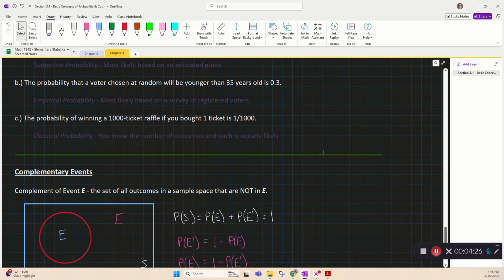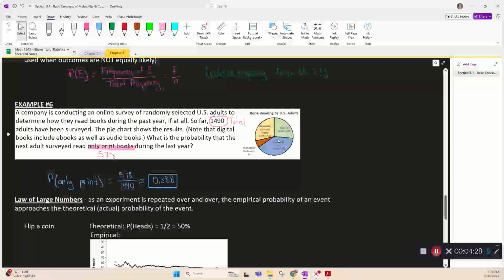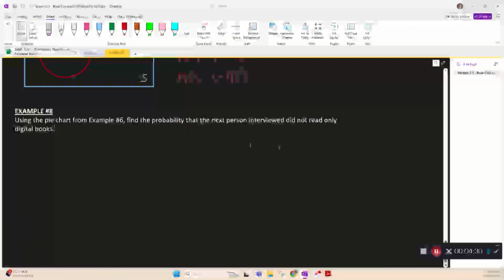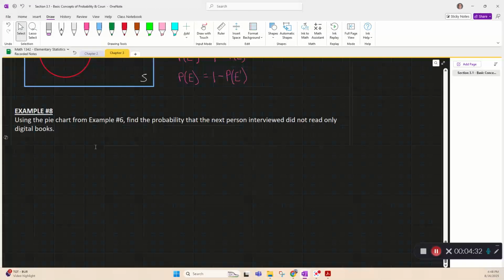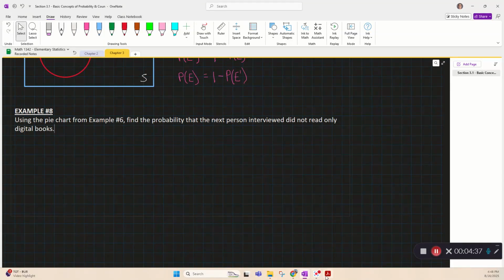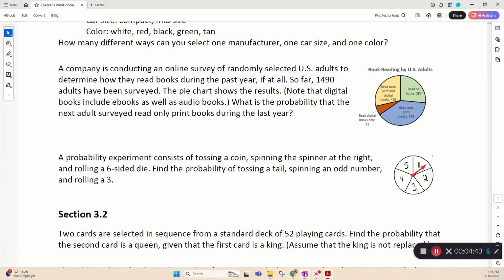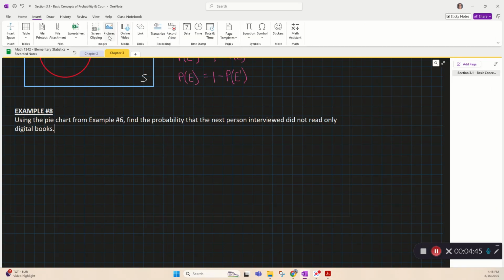Okay, so what I'm going to do is paste in a picture of the pie chart. So let me go grab that right quick. Okay.